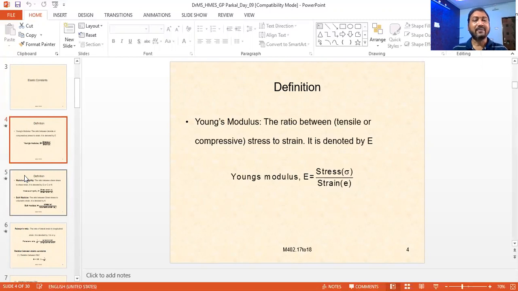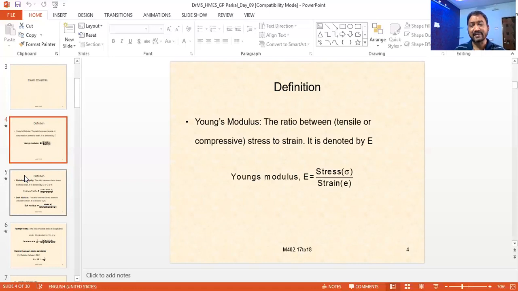Therefore, the ratio of the tensile stress or compressive stress to the corresponding strain is called the Young's modulus, or it is also called the modulus of elasticity, and it is denoted with the capital letter E. Therefore the Young's modulus E is equal to stress by strain.